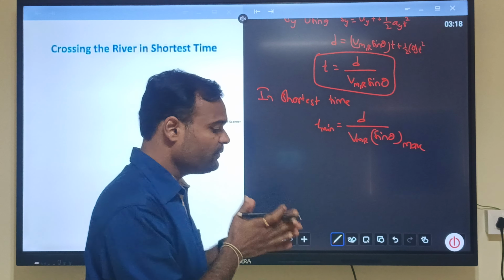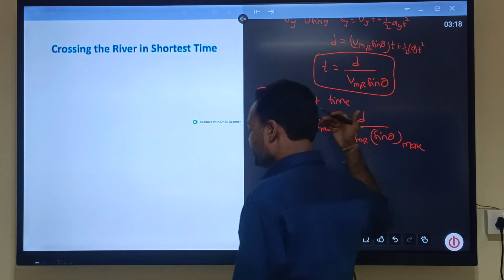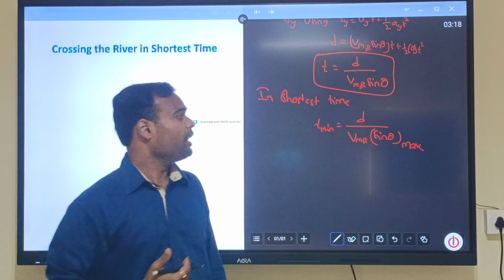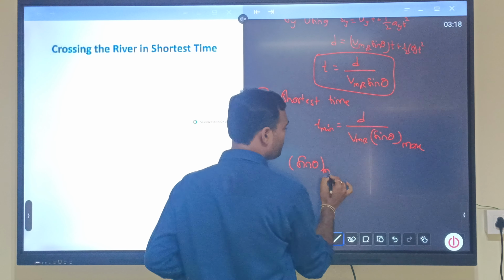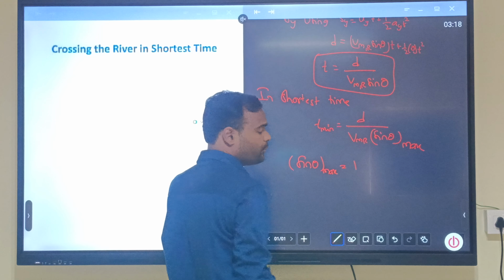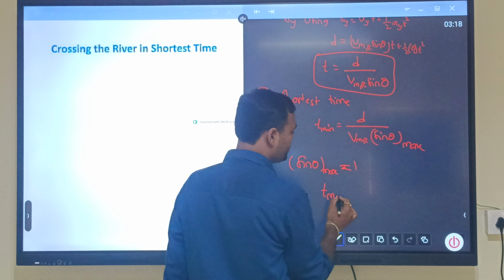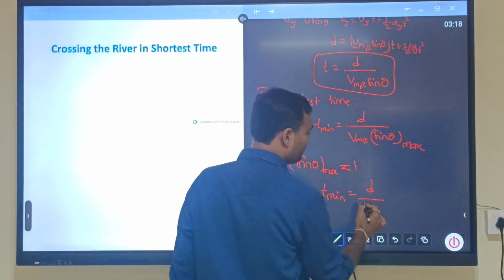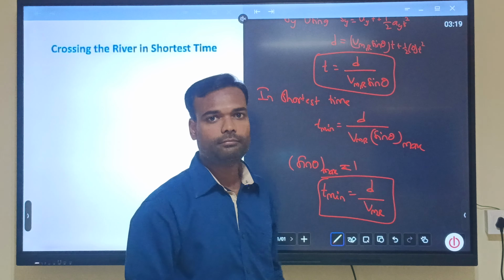So obviously the term which can change is sin theta. If sin theta is maximum, then the time will be minimum. So what would be the maximum value of sin theta? Sin theta maximum value is equals to 1. So minimum time is equals to d by Vmr, velocity of man with respect to river.